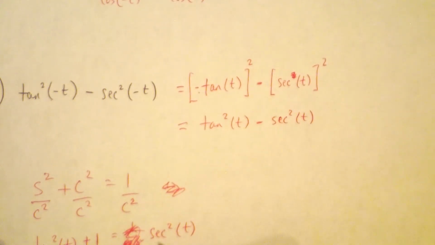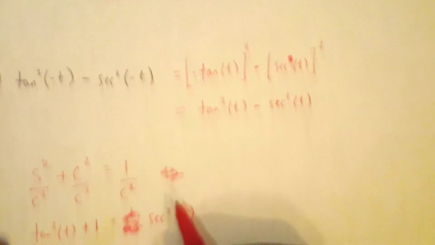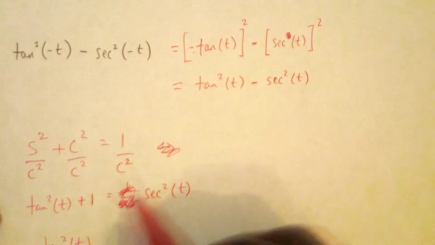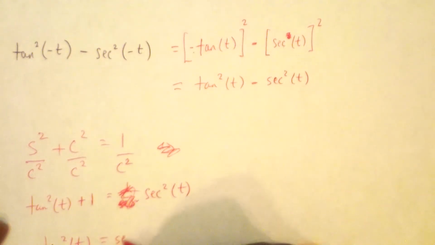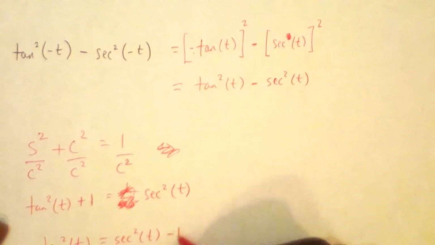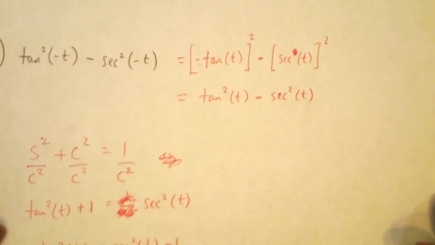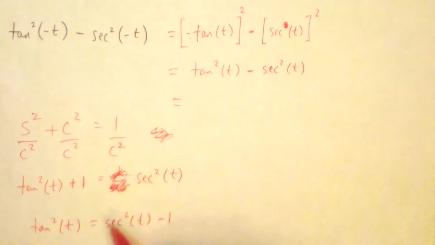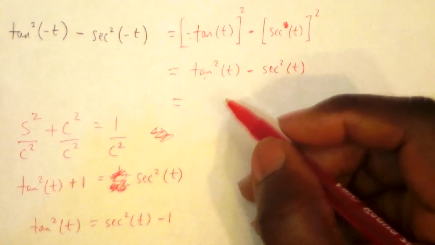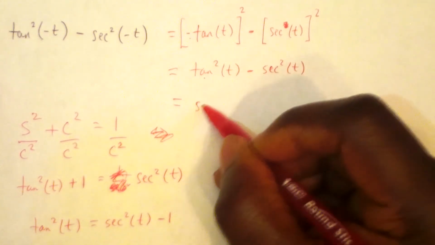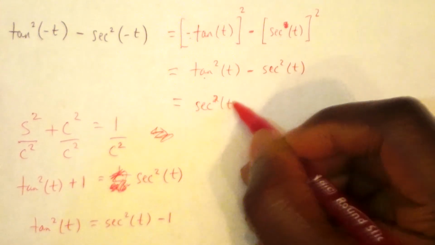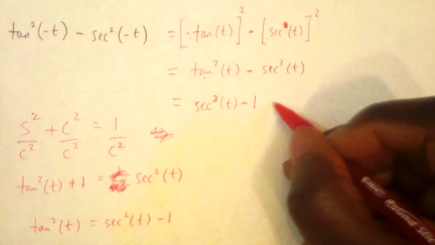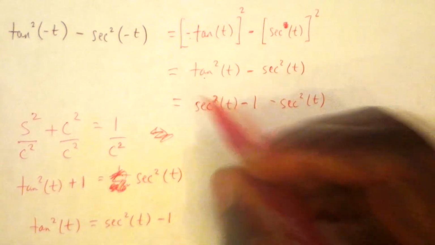If we wanted to write everything in terms of secant, we see that tangent squared of t is the same thing as secant squared of t minus 1. Knowing that, we could come back here, and in place of tangent squared t, we could write secant squared of t minus 1, and then put a minus secant squared t there.